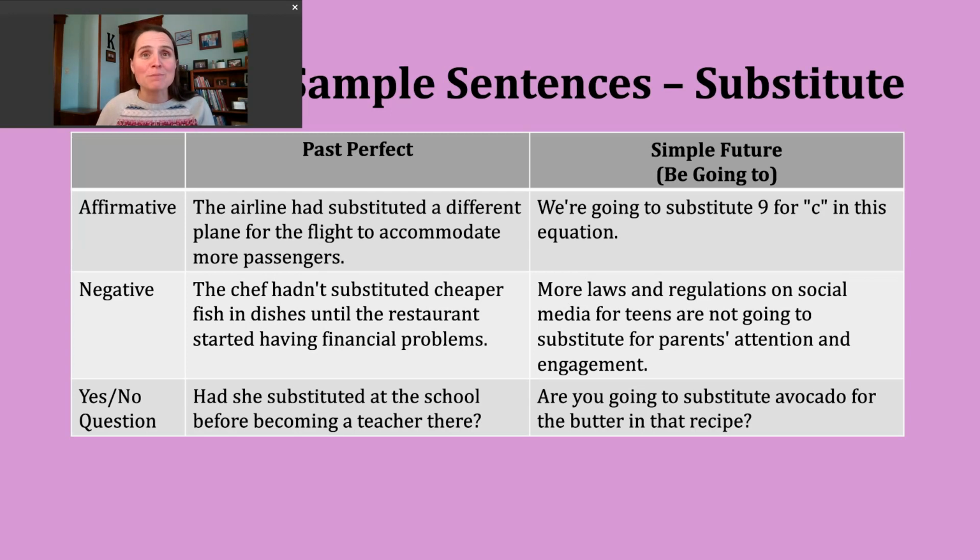To make past perfect sentences, our structure is going to stay the same no matter what our subject is. So in the affirmative, we're going to have our subject, we're going to use had, and then we're going to use the participle form of the verb. Here's an example sentence. The airline had substituted a different plane for the flight to accommodate more passengers. Okay.